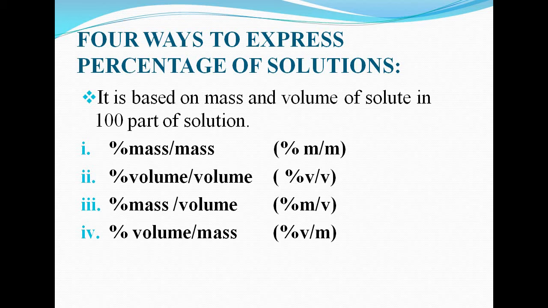So on the basis of mass and volume, we express the percentage in four ways: percentage mass by mass, percentage volume by volume, percentage mass by volume, and percentage volume by mass.